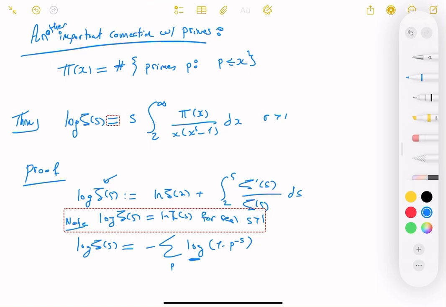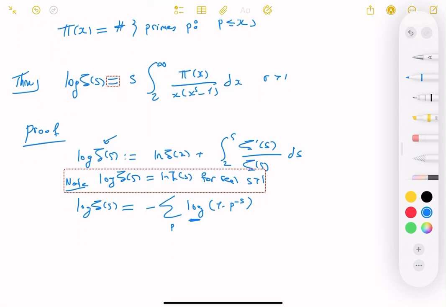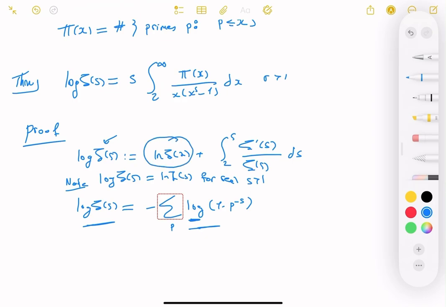And how do we see that it's valid everywhere? Well, because both sides are holomorphic and we're in a simply connected domain, and these sides agree on a line that has a limit point, so by the identity theorem this holds everywhere. Alternatively, you could take derivatives of both sides, and then observe that they agree at s equals 2.